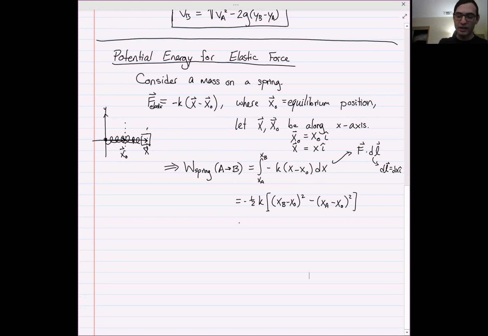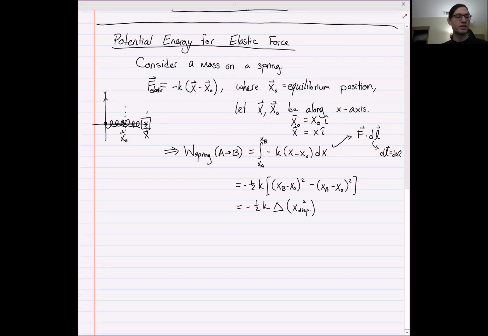And so we could rewrite this as minus 1/2 k delta x diff squared. I'm going to explain what x diff squared is. This x diff is just a shorthand: it's the displacement from equilibrium.